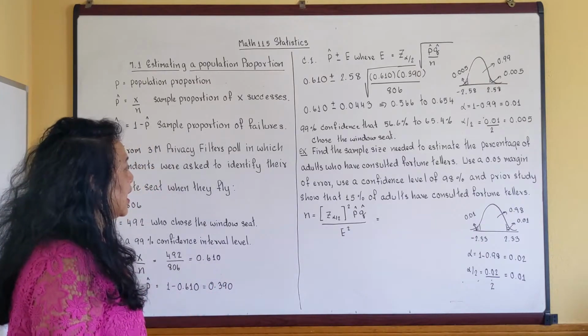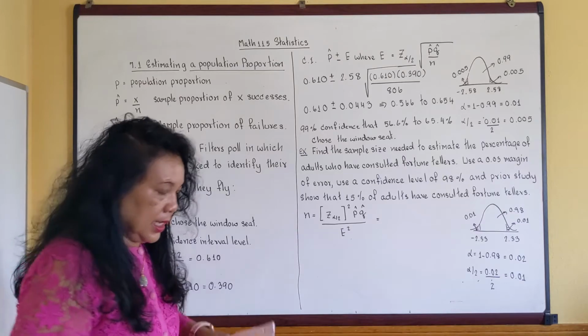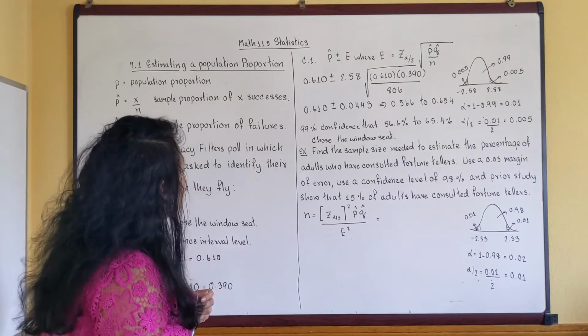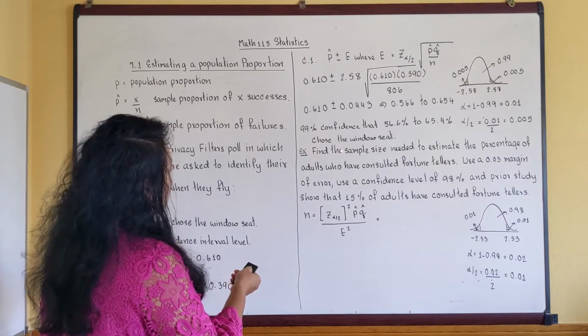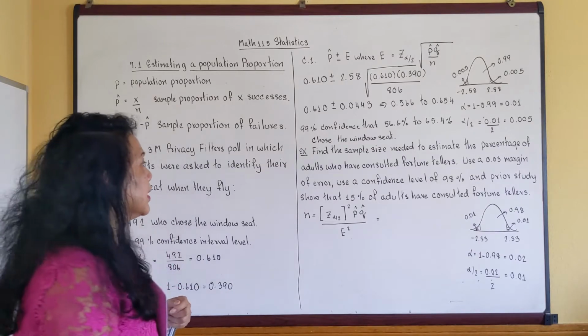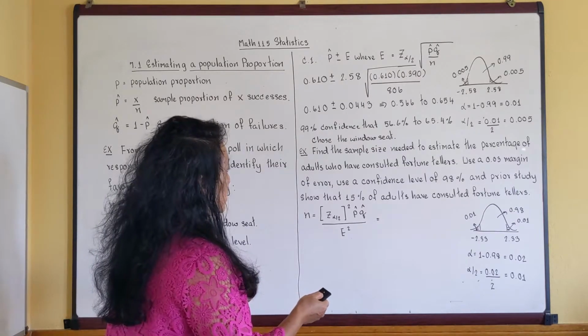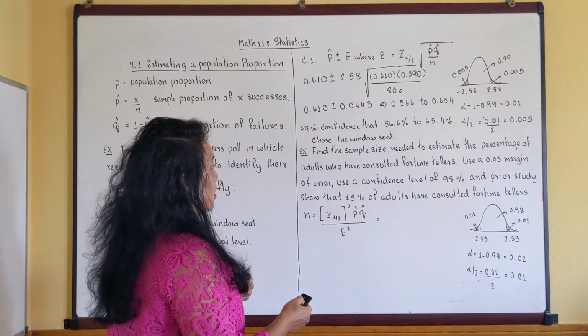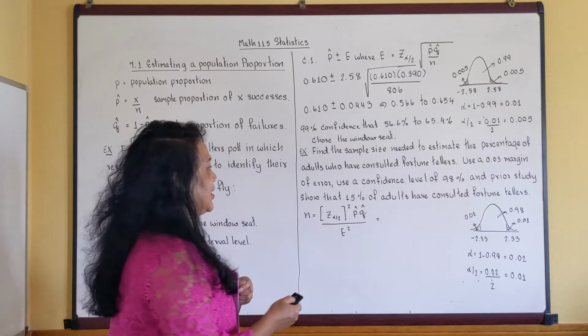Now let's look at the next example. The next example is to find the sample size. So they want you to find n. To estimate the percentage of adults who have consulted a fortune teller. There are people who like fortune tellers.